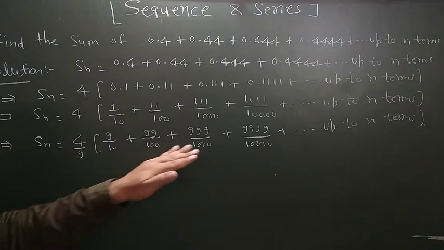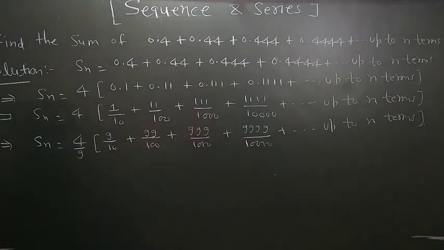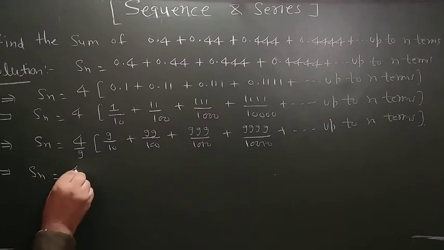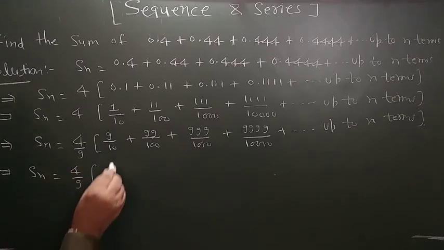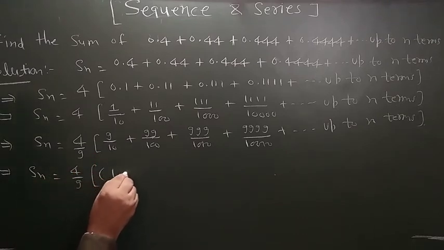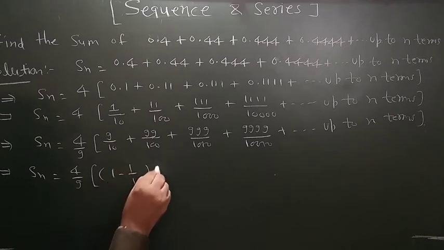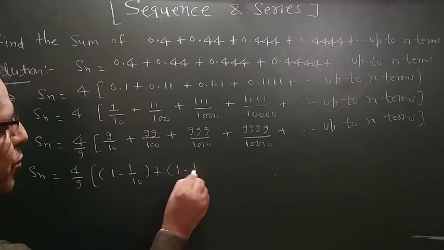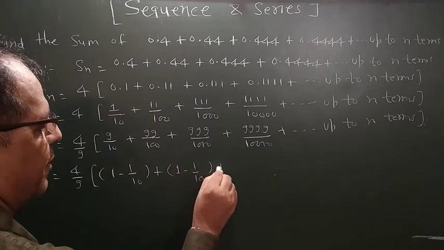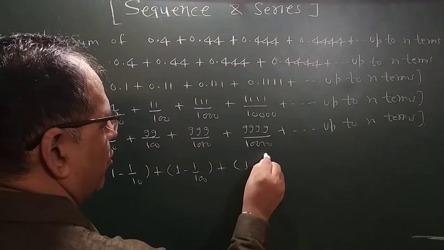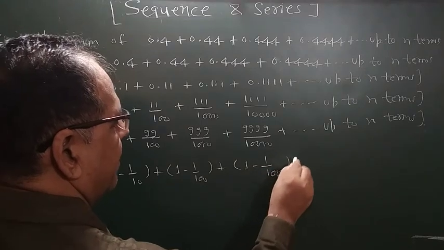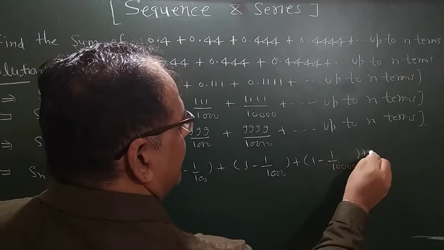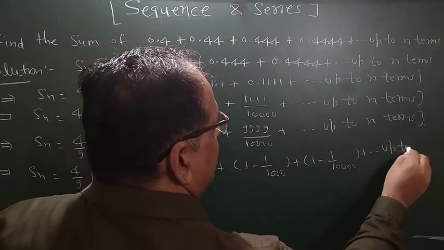Till now this is not a GP, but we are in the process of converting it to GP. Sn equal to 4 upon 9, there is no change. Inside the bracket, 9 upon 10 can be written as 1 minus 1 upon 10. 99 upon 100 can be written as 1 minus 1 upon 100, 1 minus 1 upon 1000, 1 minus 1 upon 10,000 up to n terms.